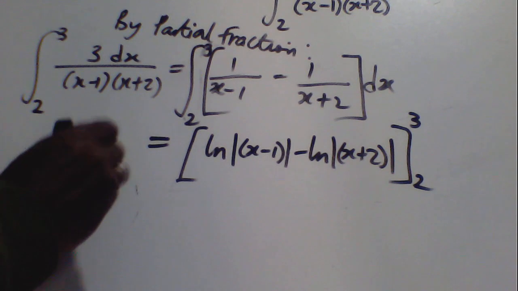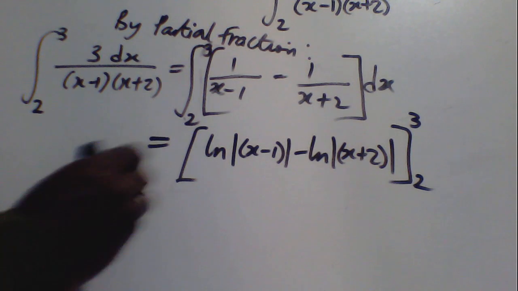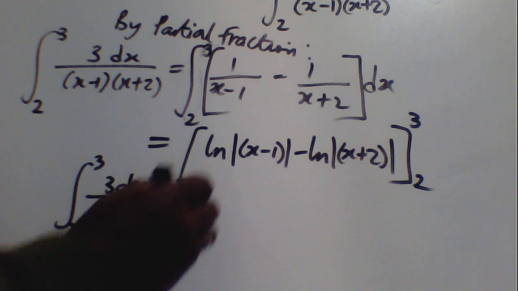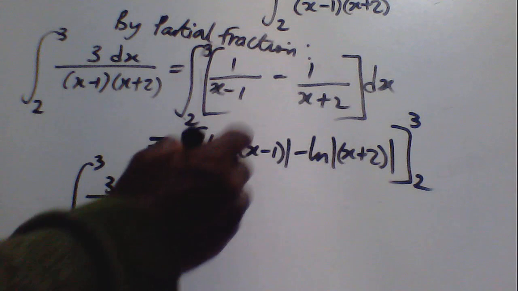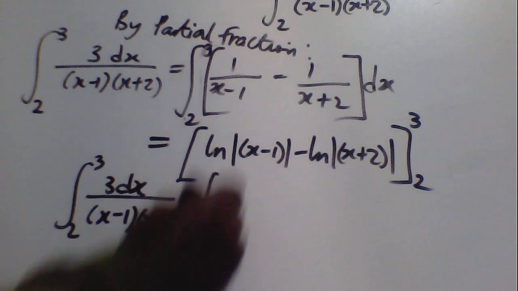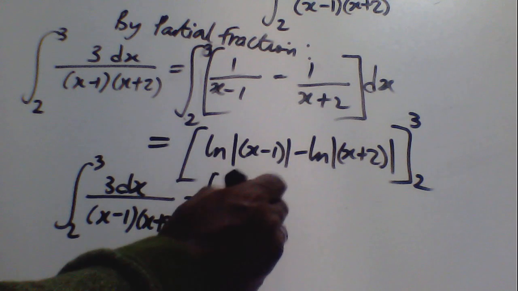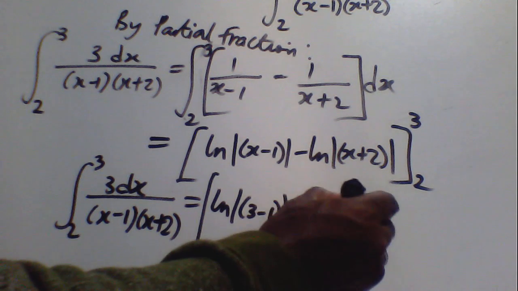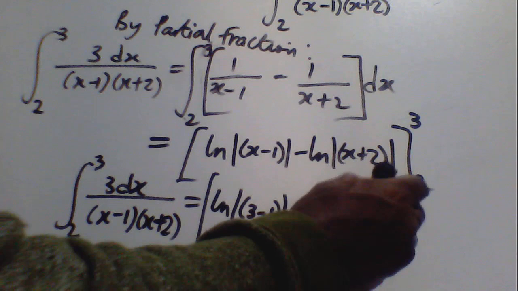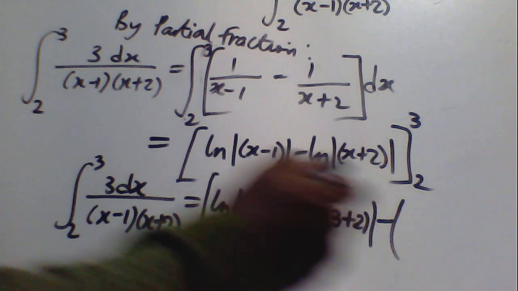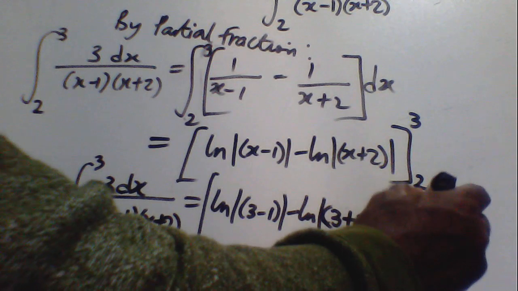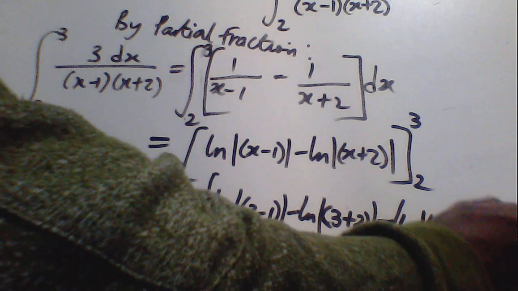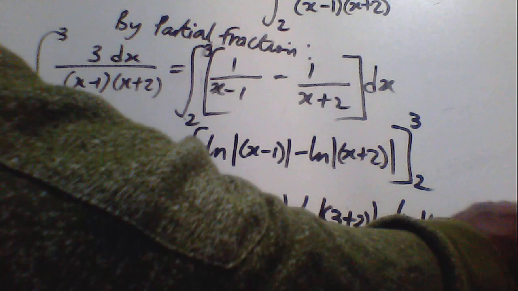The integral from 2 to 3 of 3 dx over (x minus 1)(x plus 2) is equal to, you put the value of 3 first, so ln(3 minus 1) minus ln(3 plus 2), minus, put bracket, then put 2: ln(2 minus 1) minus ln(2 plus 2).